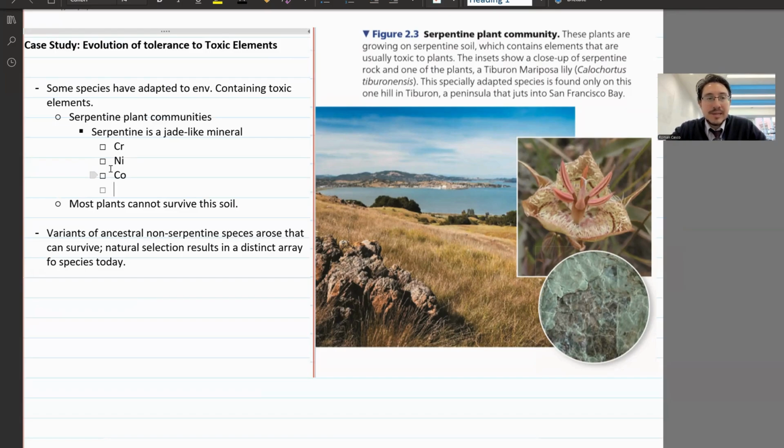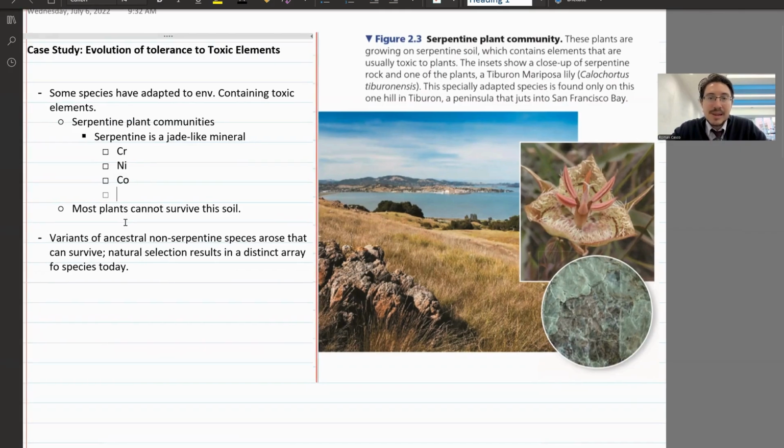But some plants have evolved and adapted to thrive in these conditions where you have this mineral. Most plants cannot survive in this type of soil. So that's quite interesting there. Evolution, adaptability of certain organisms to thrive in a particular environment. They're referred to as serpentine plants.